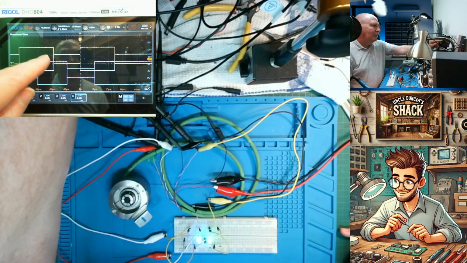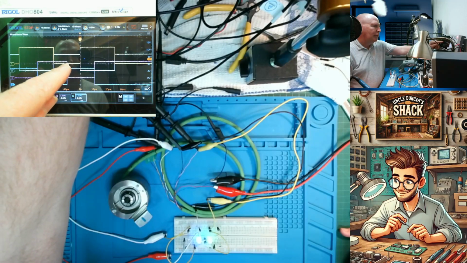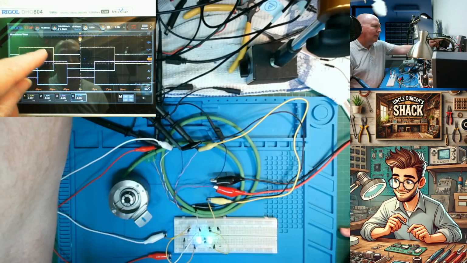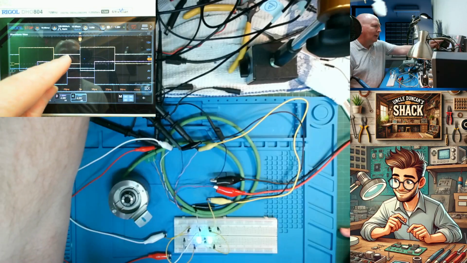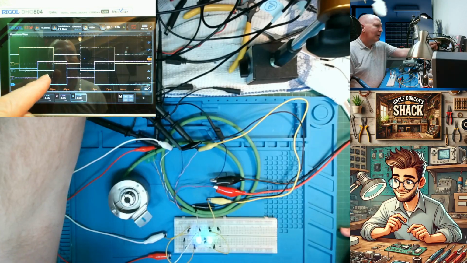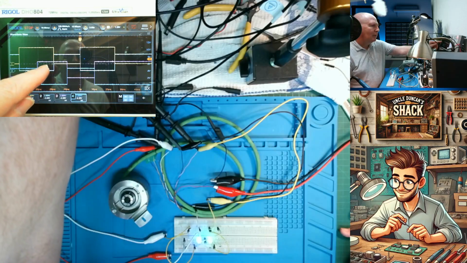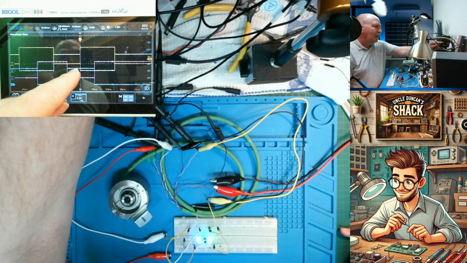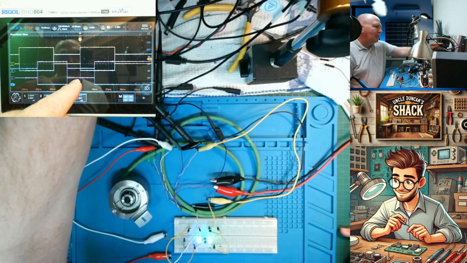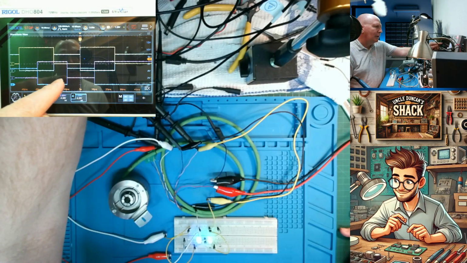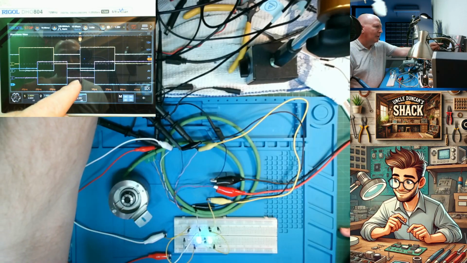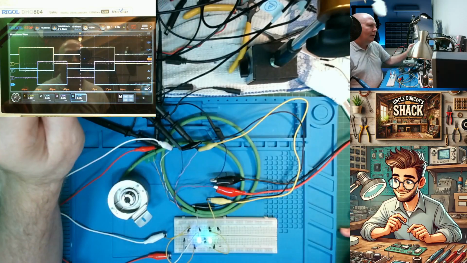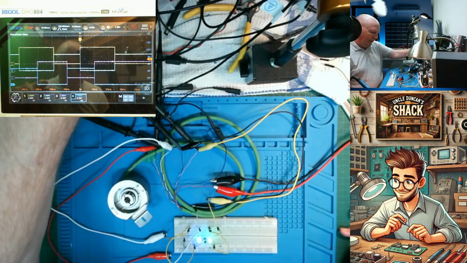Then you got A, so that's high and that's low. And the same here on B and B naught. There you got B naught and B. Okay. So they change state.